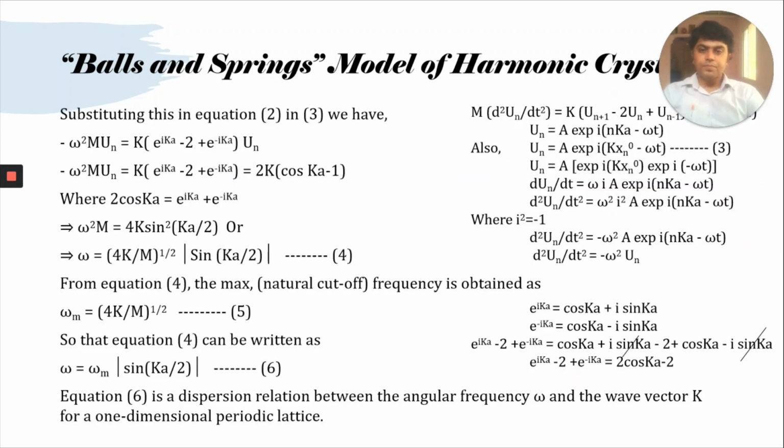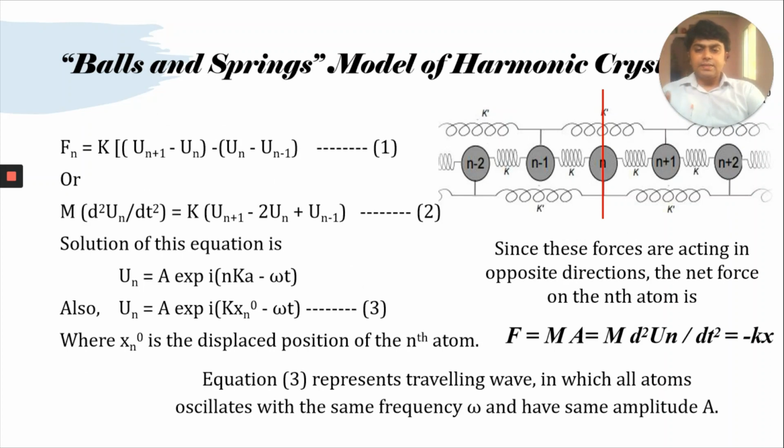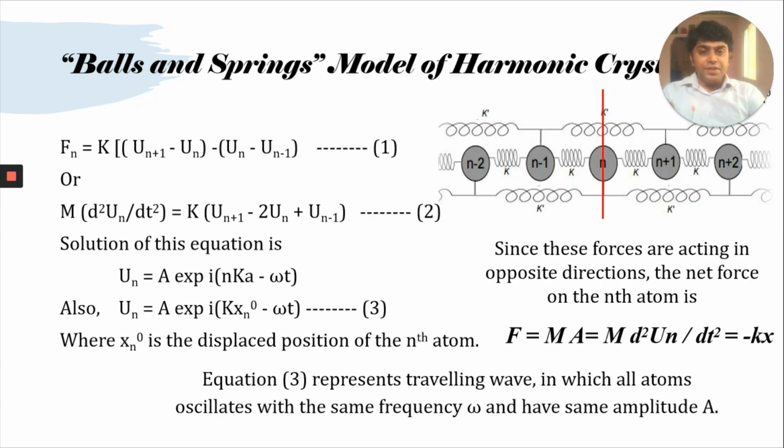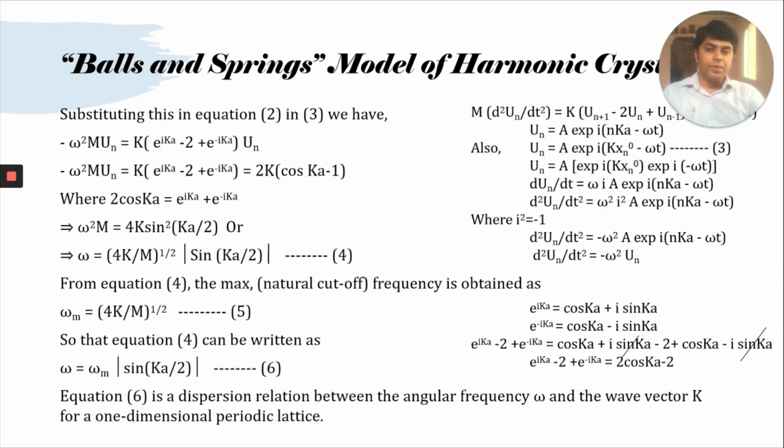Now let us make use of these equations, because we need to make out a derivation from this particular part. So now, by using equations 2 and 3, which are the force, mass, acceleration part as well as the harmonic vibrations, substituting equations 2 and 3, we get some expression. How did we get this expression?